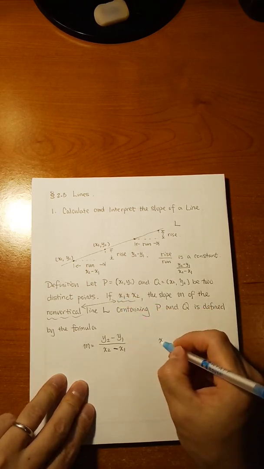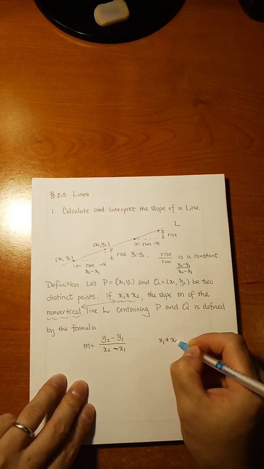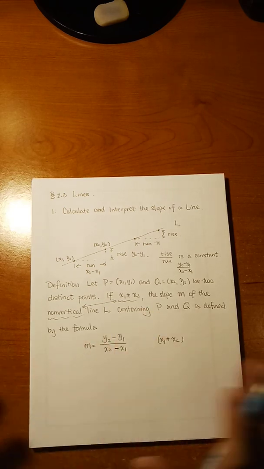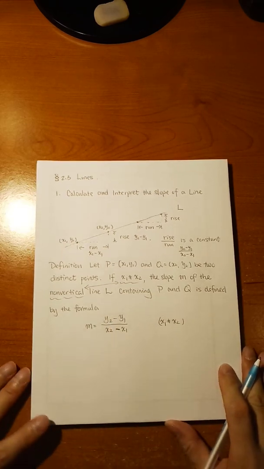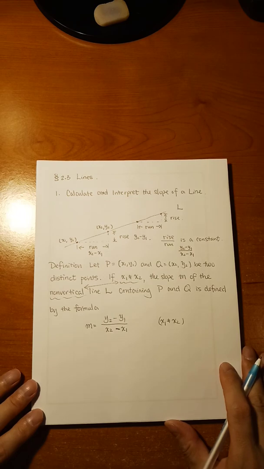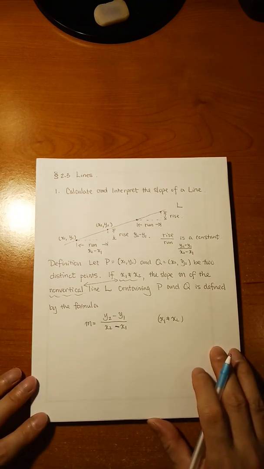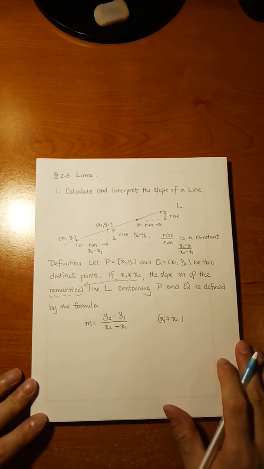Again, here we assume x1 is not equal to x2, the denominator is not equal to 0. Okay, so this is the definition of the slope for a non-vertical line.